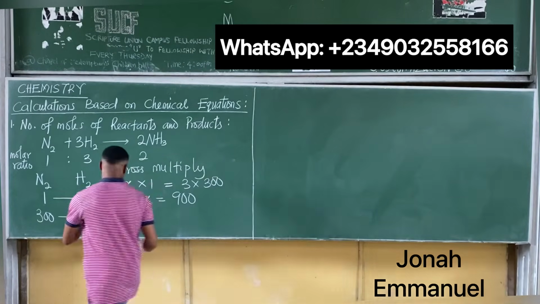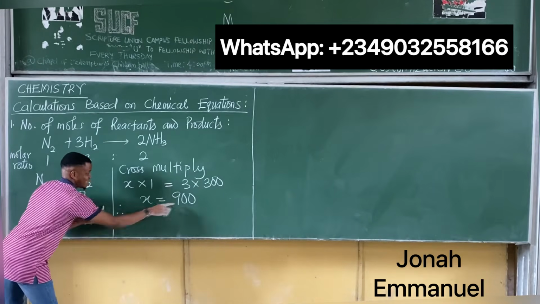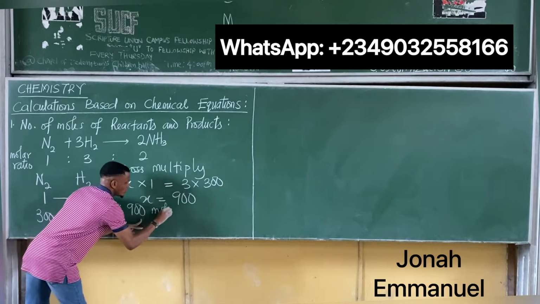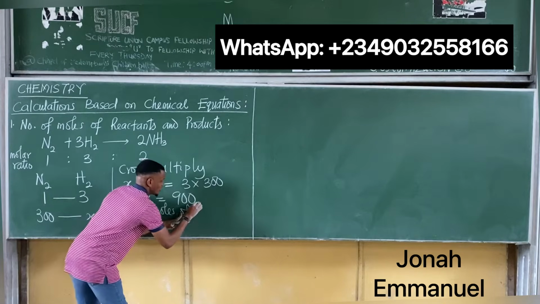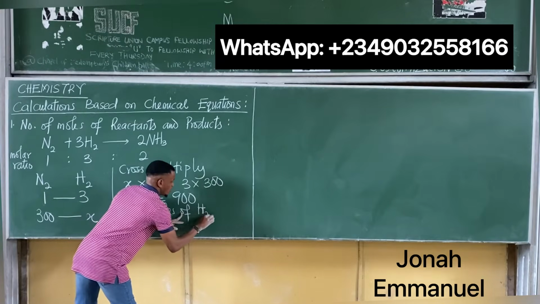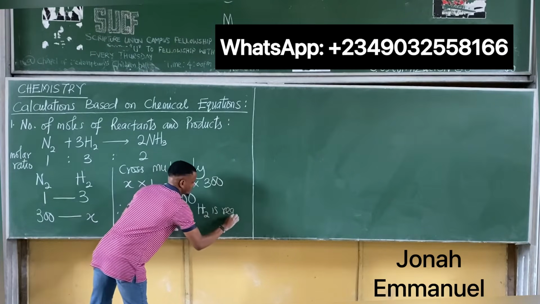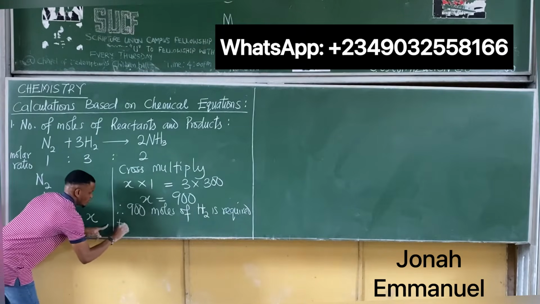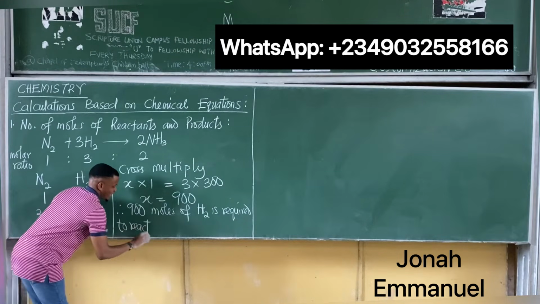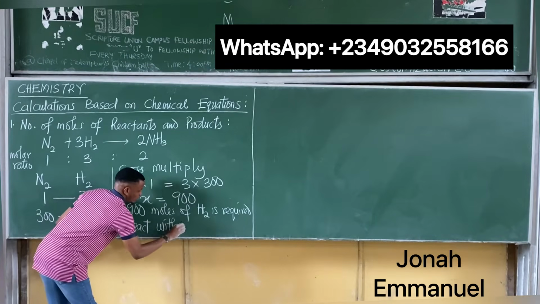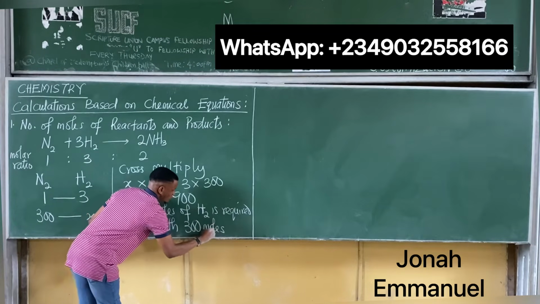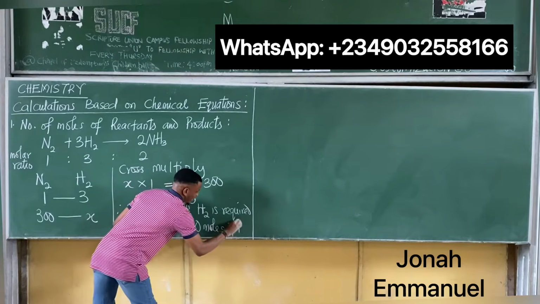So therefore, X is 900. So therefore, 900 moles of hydrogen, H2, is required to react with 300 moles of nitrogen.